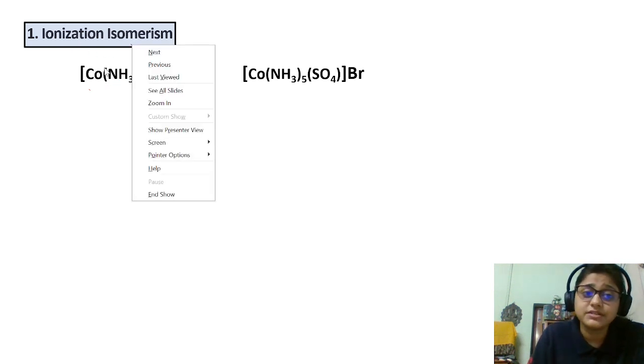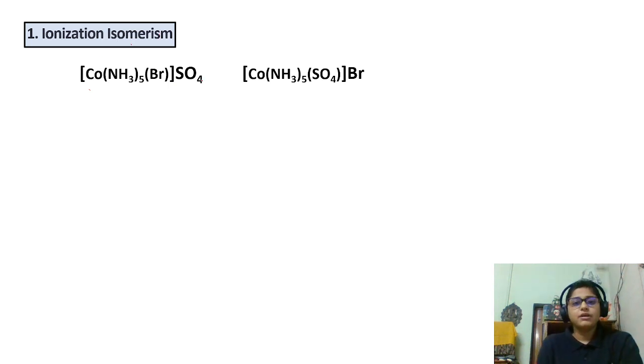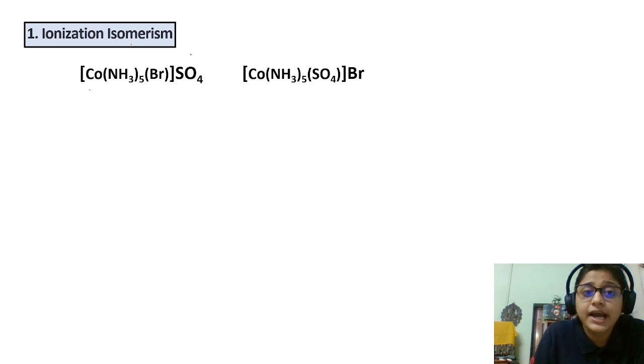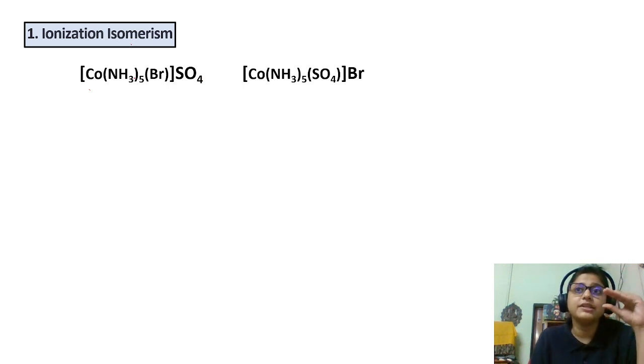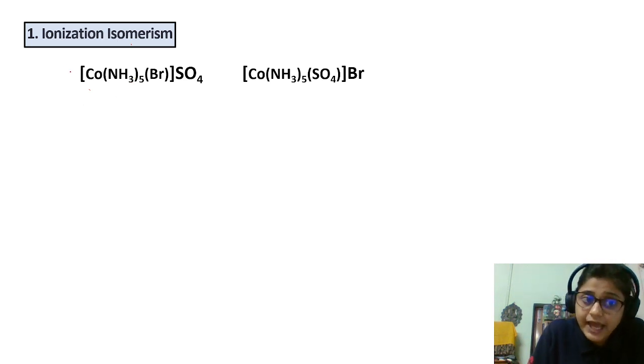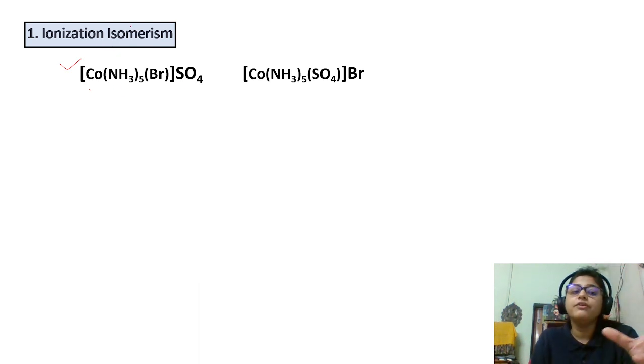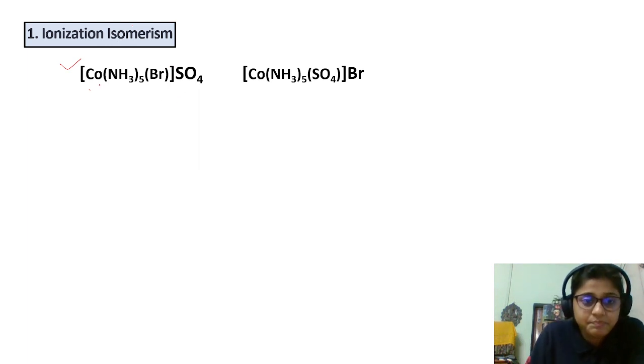Because in the questions, many options are given and you will be asked which one is ionization isomerism, so you have to choose the correct option. For that you should have an idea of how to identify it. So see the example.